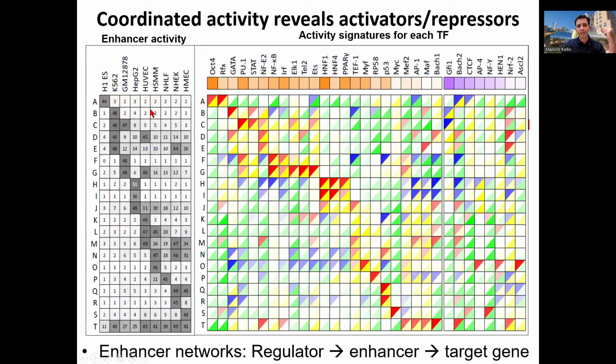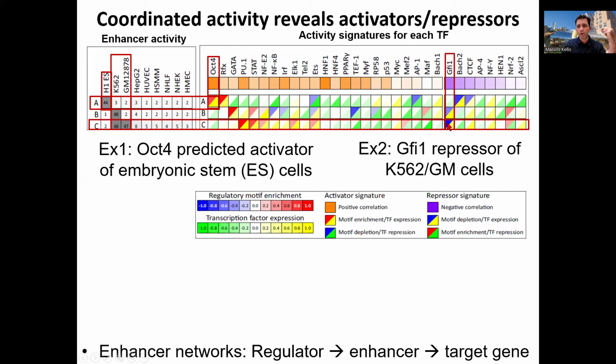Why would a depletion make any sense? So basically in blue here, you can see here a depletion of K562 and GM12878 active regions in the GFI1 motif. So these regions are lacking the motif.